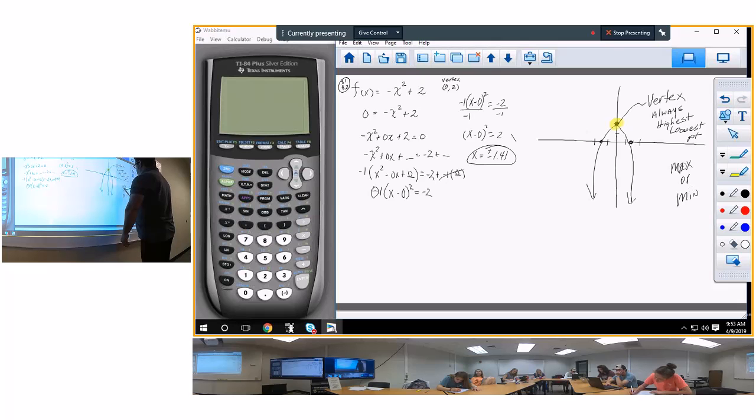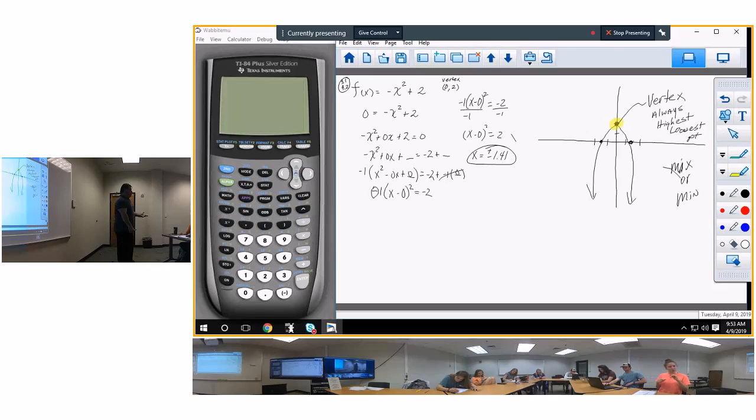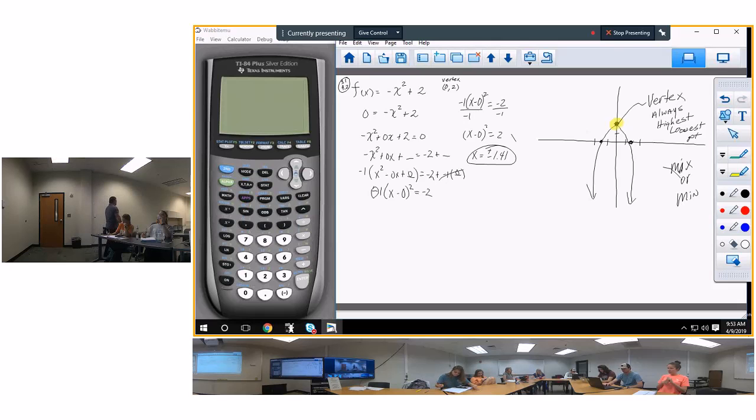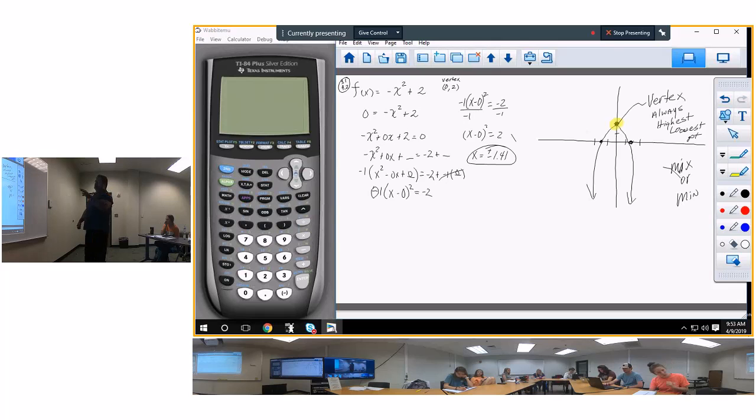Now both of these sections are on max and min. Relative, local, absolute. Okay? Absolute, we'll get into that in 4.2. But this case is the max because you've got an upside down bowl. So that means you've got a highest point.